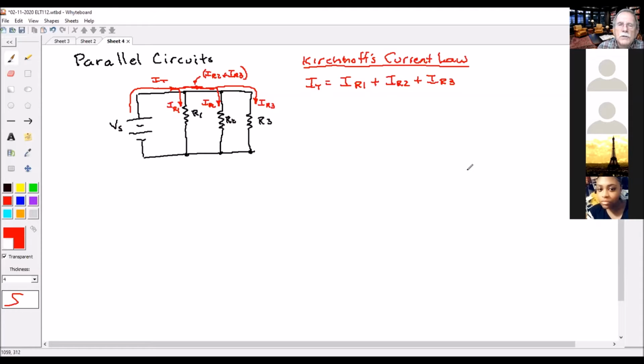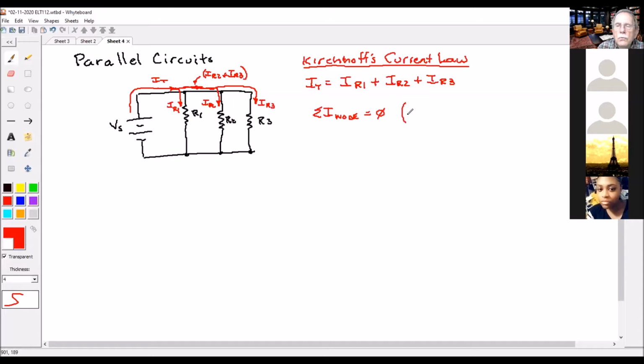And if you remember, in the series circuit, the voltage law said that if I add up all the voltages around a closed loop, then the total voltage was equal to 0. In Kirchhoff's current law, it says that the sum of the currents at a given node is equal to 0.